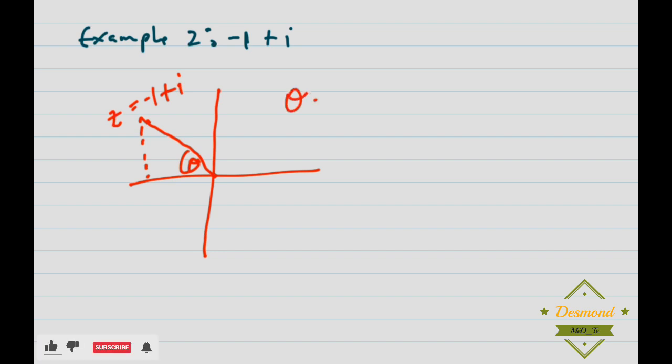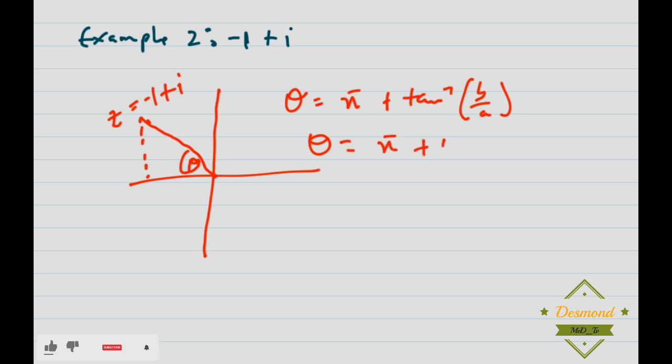So the theta, if you remember the formula, we can do it easily. So theta is going to be pi plus tan inverse of b over a, where theta is going to be pi plus tan inverse of negative 1, right?